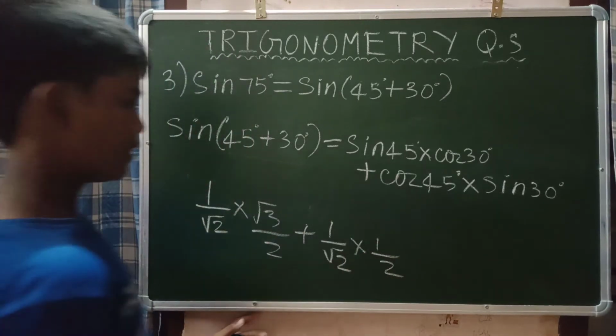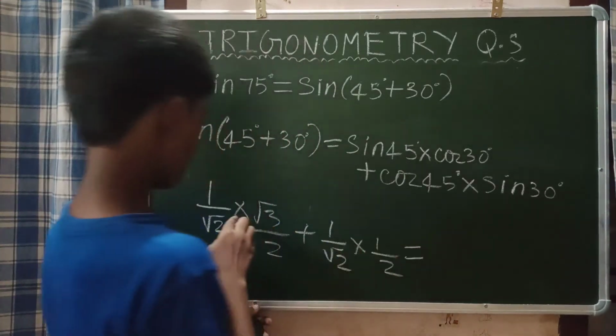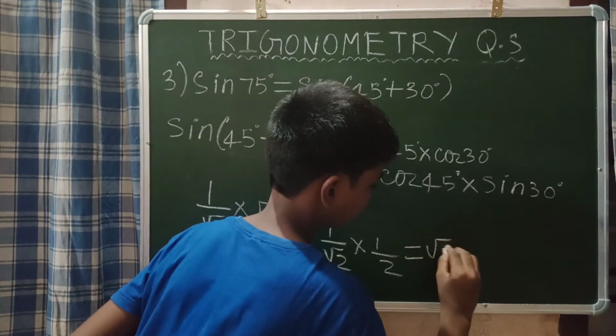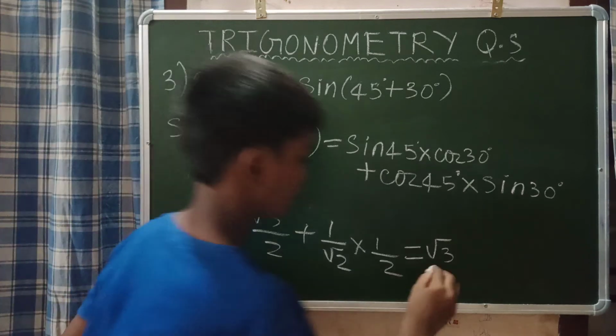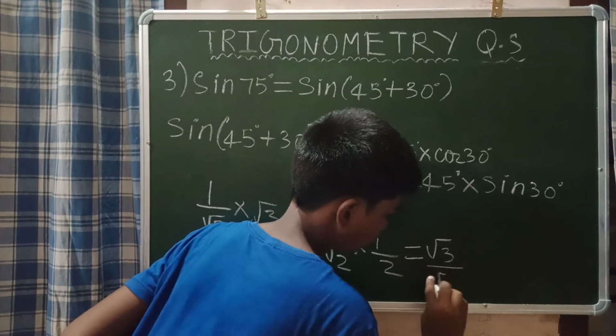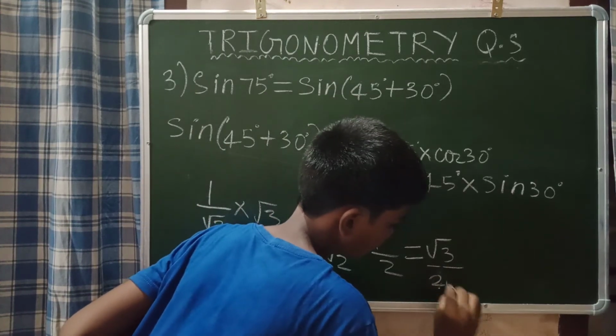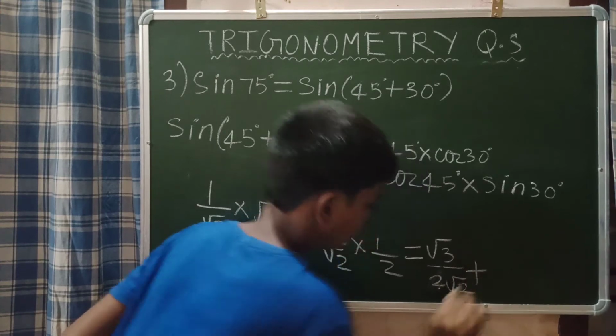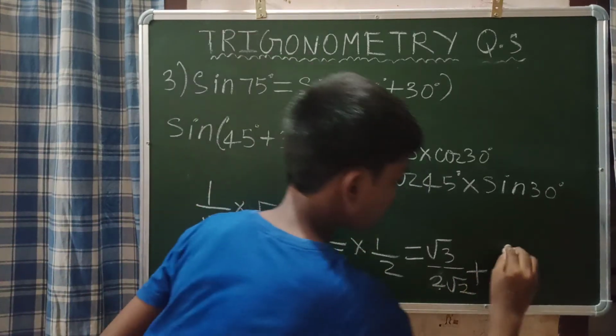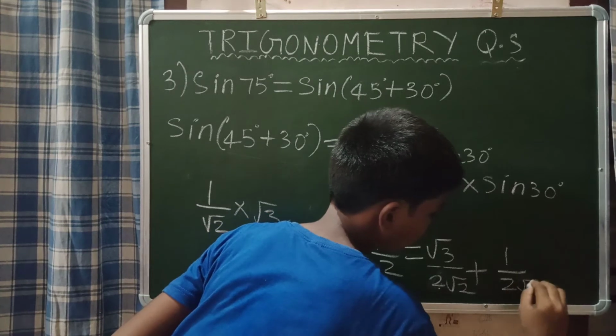Now it is equal to root 3 by 2 root 2 plus 1 by 2 root 2.